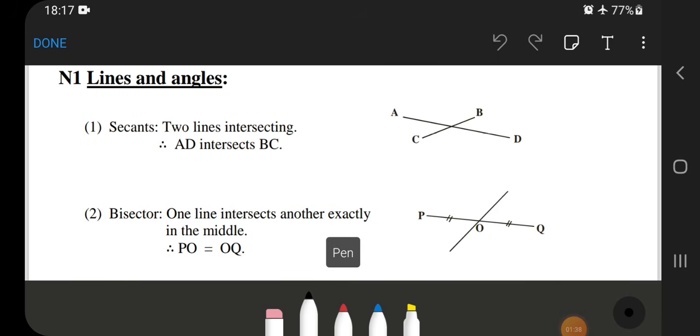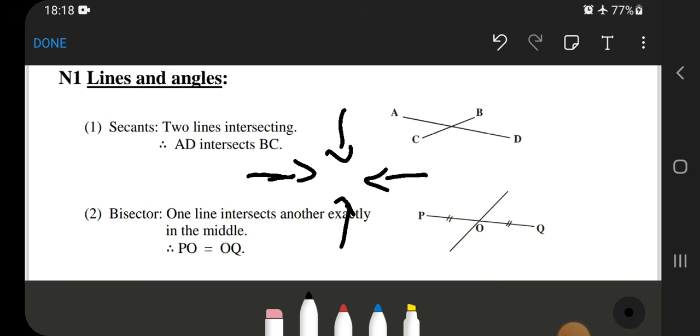This is exciting. Okay, number 1, we're going to learn about two lines that are intersecting. So when two lines are intersecting, two lines are crossing each other. Intersecting, we'll say it's crossing. Can you see when you are walking on a road, let's say, and then there's a road going this side, another one coming this side, and the other one coming that side.